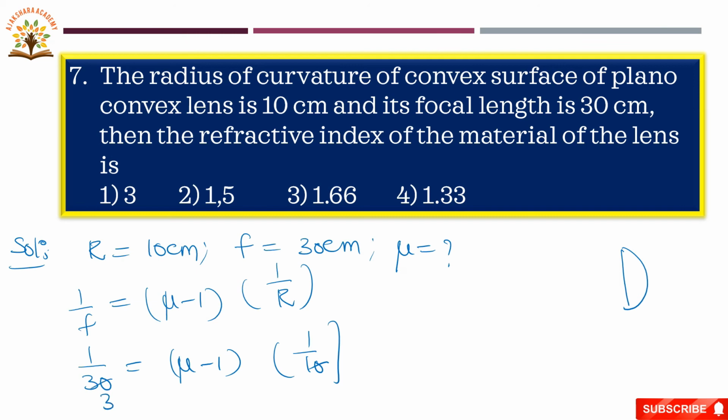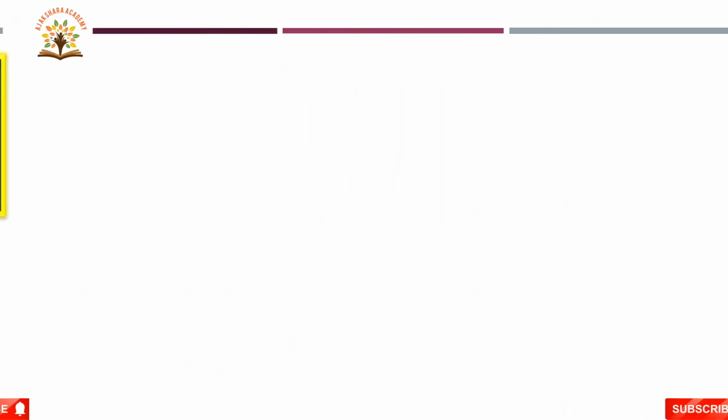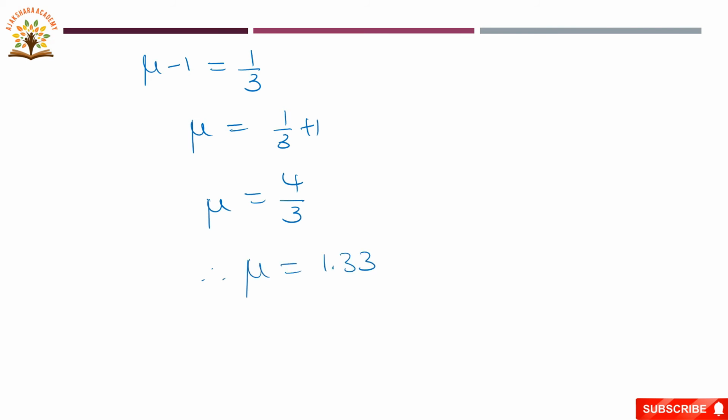So now mu minus 1 is equal to 1 by 3. So mu is equal to 1 by 3 plus 1, that is equal to 4 by 3. So mu is equal to 4 by 3, therefore we are getting 1.33. Refractive index mu is equal to 1.33. Next we will go to the next question.